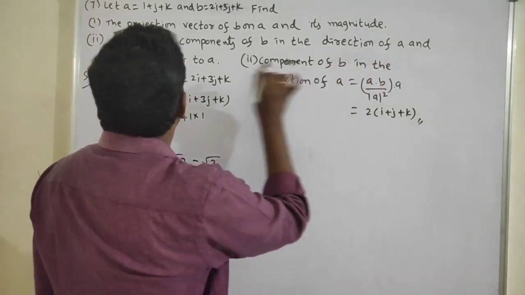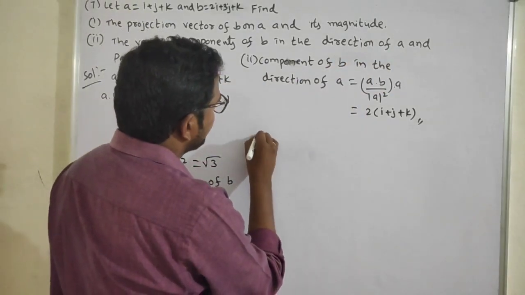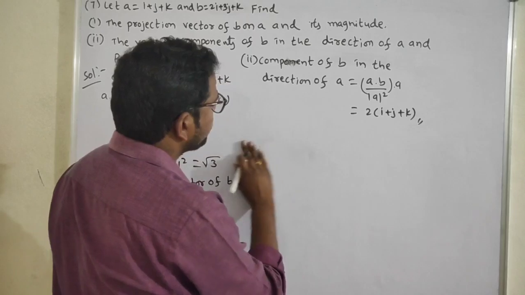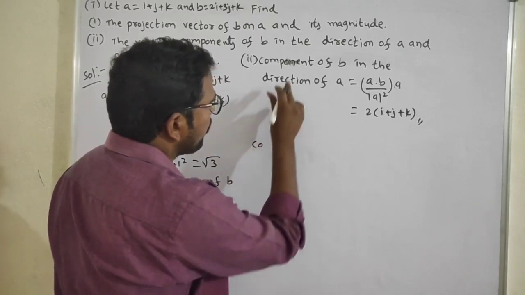So next, perpendicular to A, the component of B. Sorry, component, not projection vector.